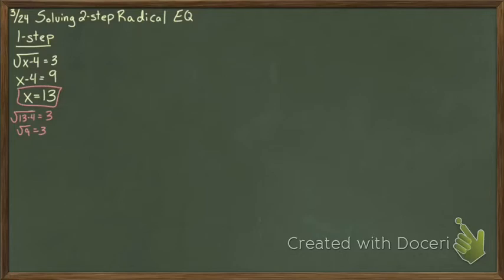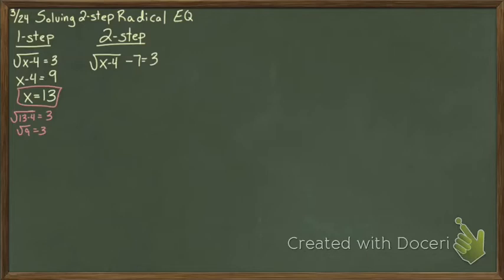So what we're going to be calling a 2-step problem might look something like this, where you have the square root of x minus 4 minus 7 equals 3.